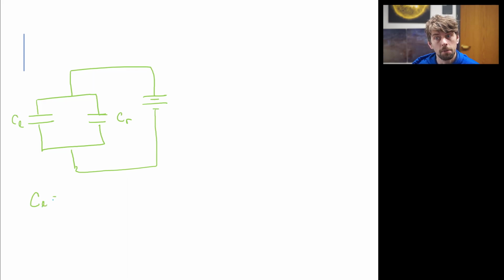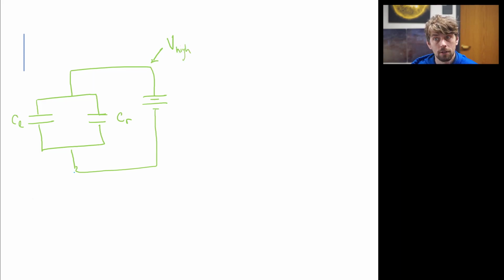Because these two capacitors have different values, or at least we assume they're different, we cannot assume that they store the same amount of charge. But there is something that's the same between these two capacitors. Look, both capacitors have a connection to the high potential side.